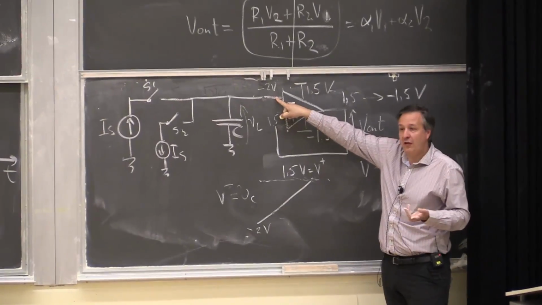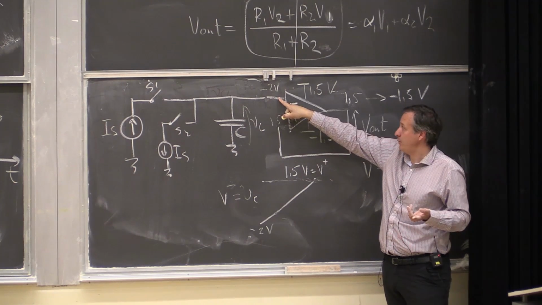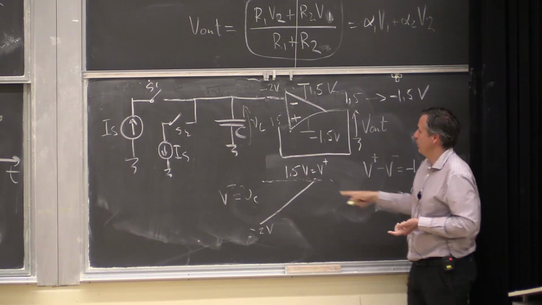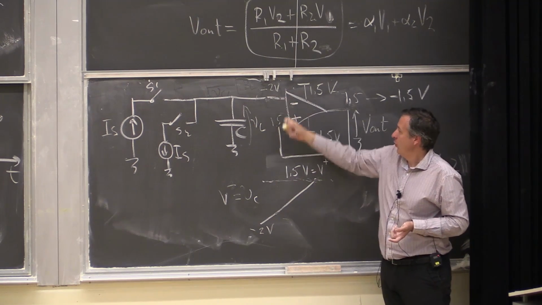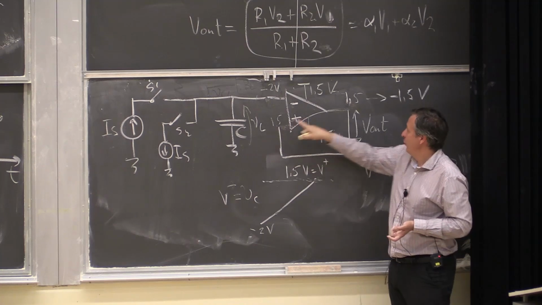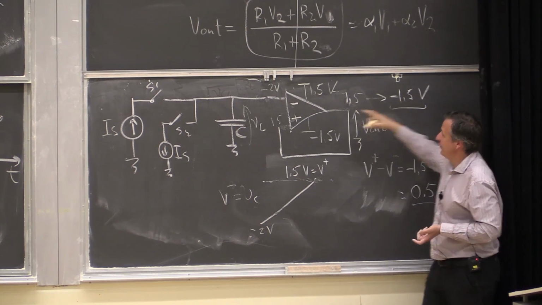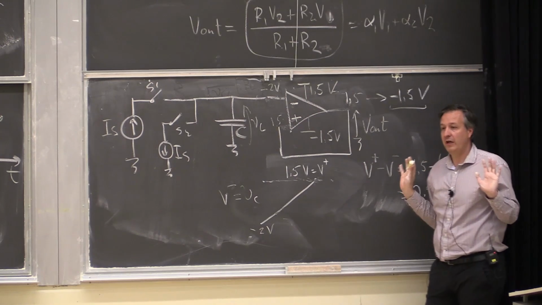But this is still a little bit above 1.5. Right? So now you flipped, V minus is bigger than V plus, it's going to stay there, right?